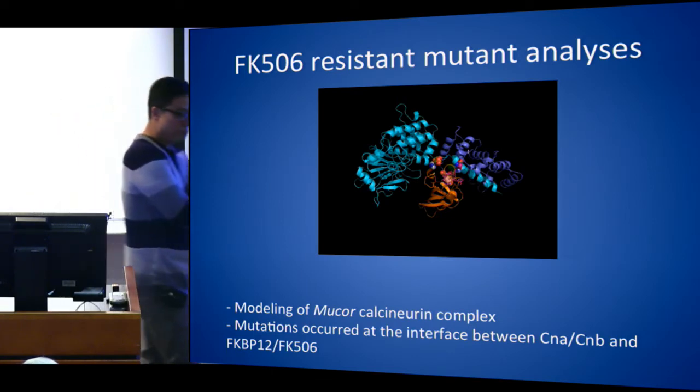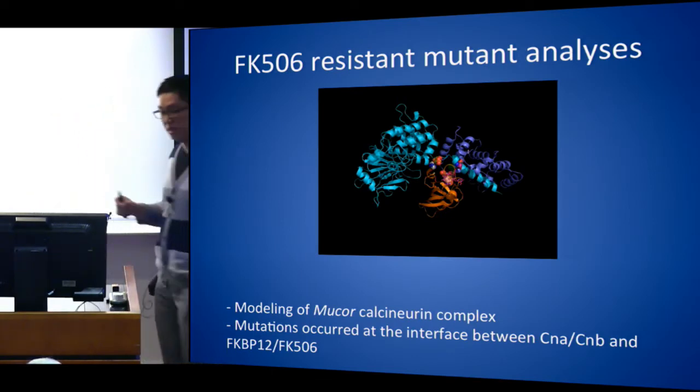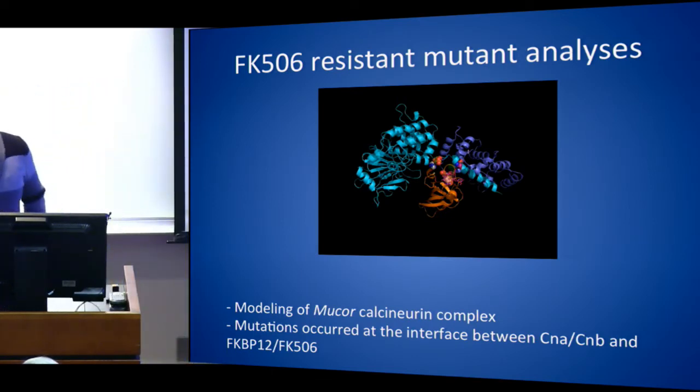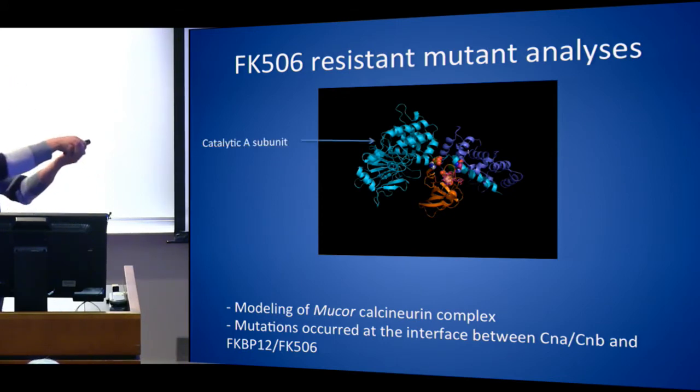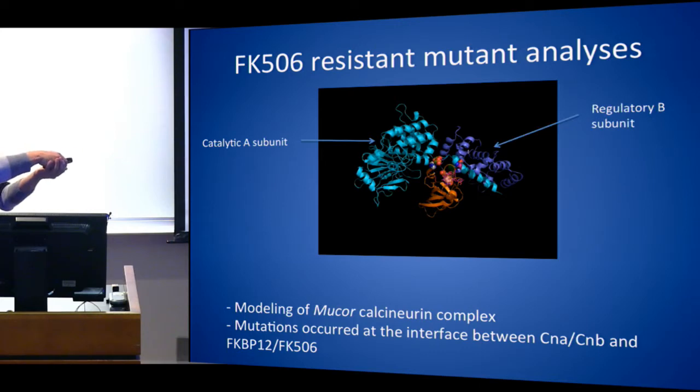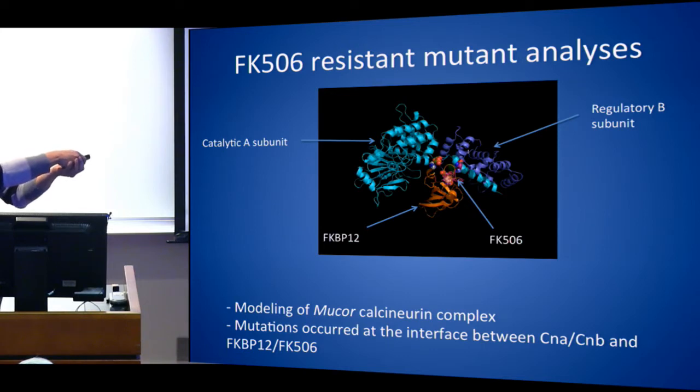We built a homology model of the Mucor calcineurin structure based on mammalian calcineurin. This is the catalytic subunit, this is the regulatory subunit, FKBP12 and FK506. This is the active site, which is blocked by the drug complex. So the substrate doesn't have access to the active site.